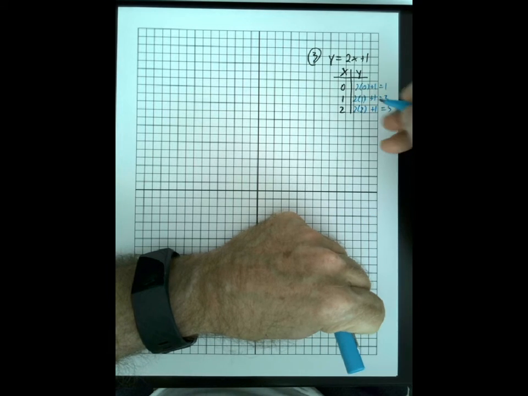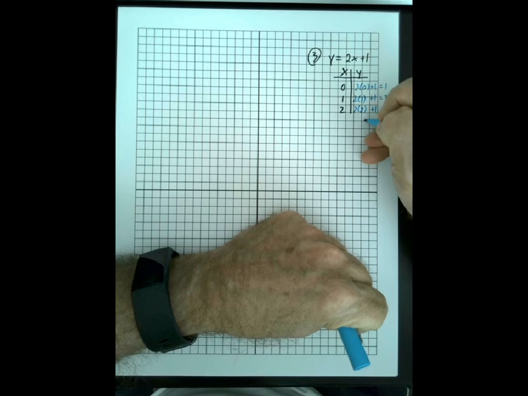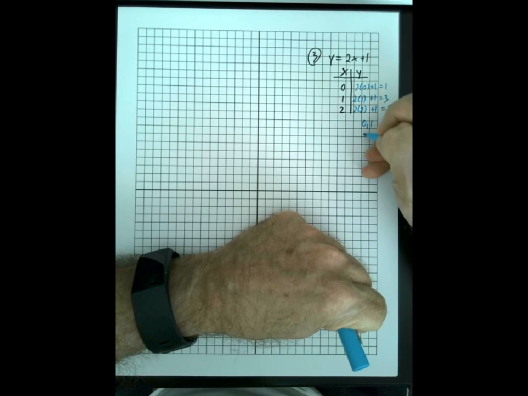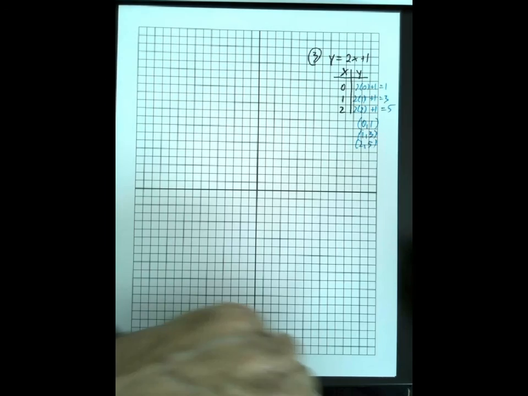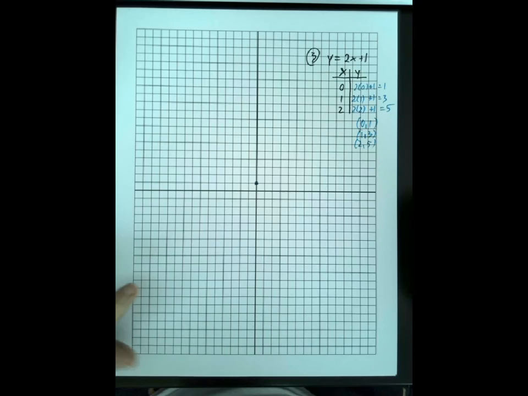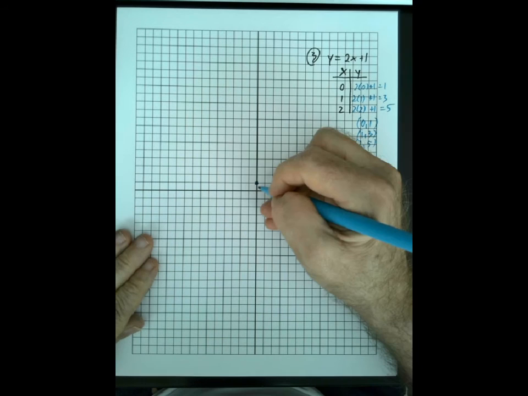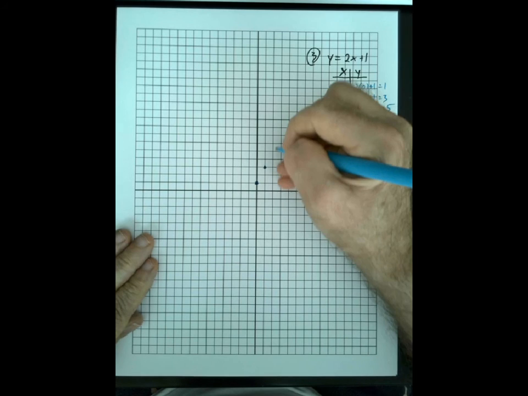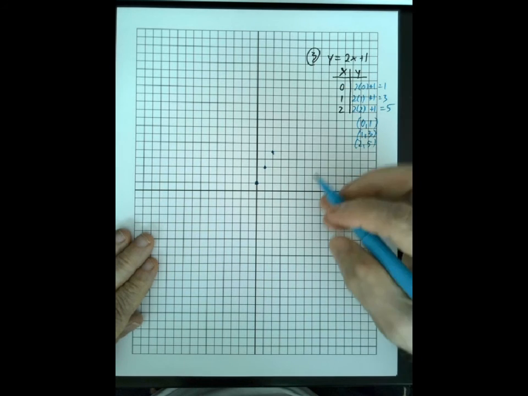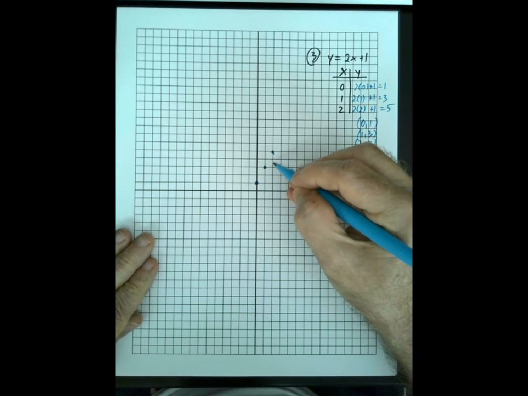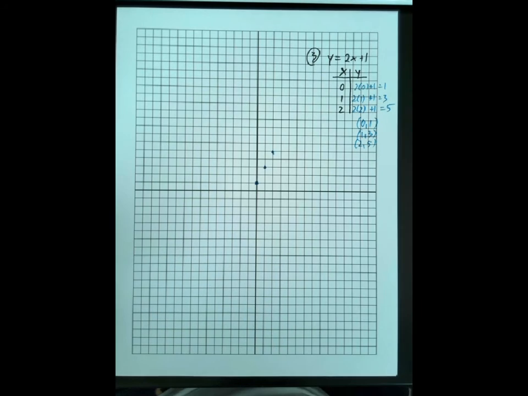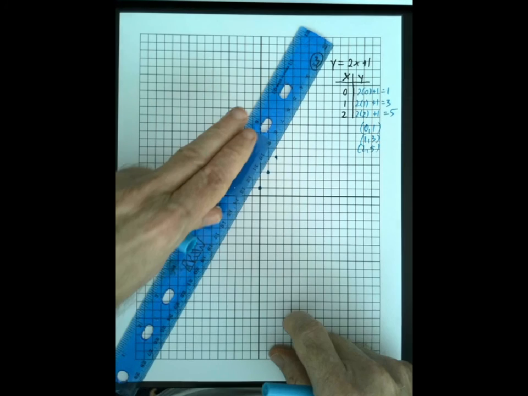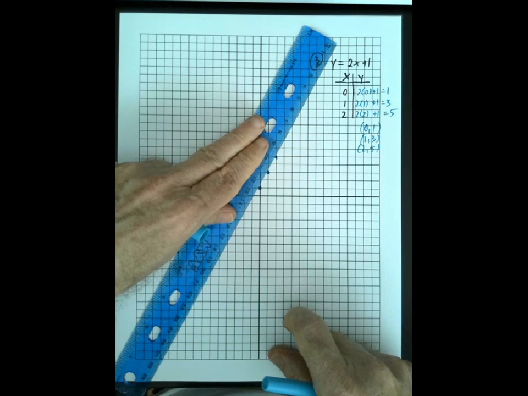So I'm going to graph these ordered pairs: (0, 1), (1, 3), (2, 5). (0, 1) is right there. Over 1, up 3 is right there. Over 2, up 5 is right there. And you see they come out on a nice straight line.